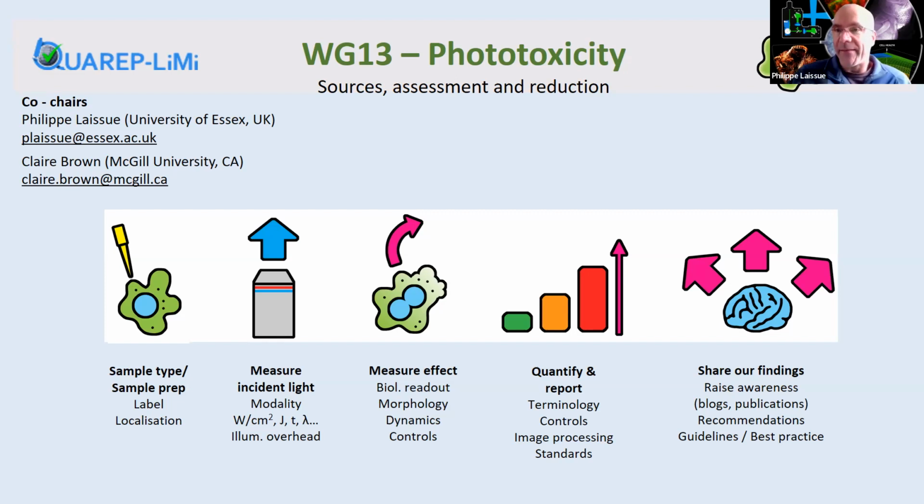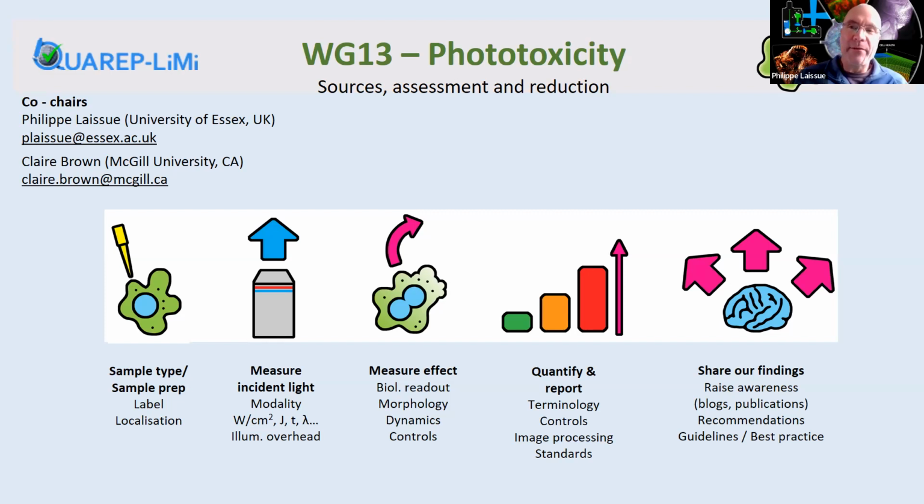Of course, because this is about measuring incident light, we are very interested in what working group 1 has been coming up with. Another side of this is, of course, the assessment and how can you measure that effect? What is your biological readout of phototoxicity?